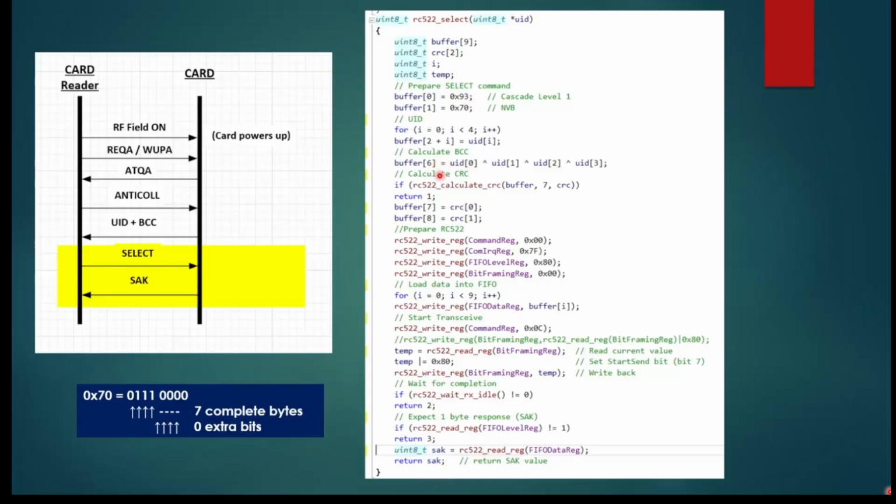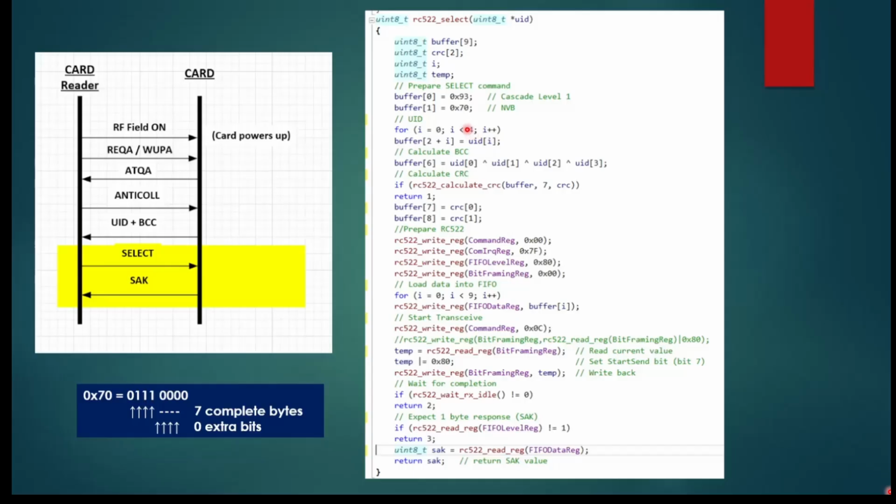And after that, we have to calculate the CRC, which is the CRC of what we have so far, which is the buffer, which has 7 elements.